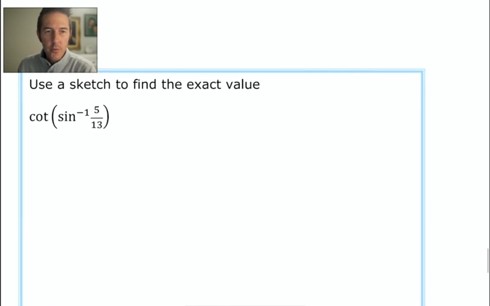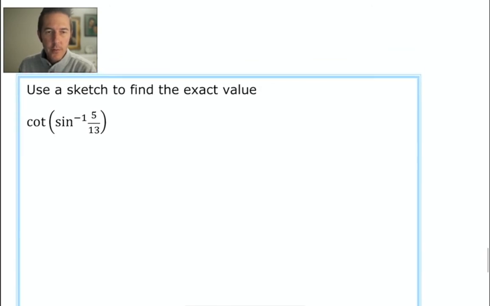So it's a good thing that we're so good at drawing sketches of these different situations, because here we definitely want to solve this problem using a sketch. The inverse sine function has a domain that's the same as the range of the regular sine function, which goes from -1 to +1. 5/13 is in that interval from -1 to +1.